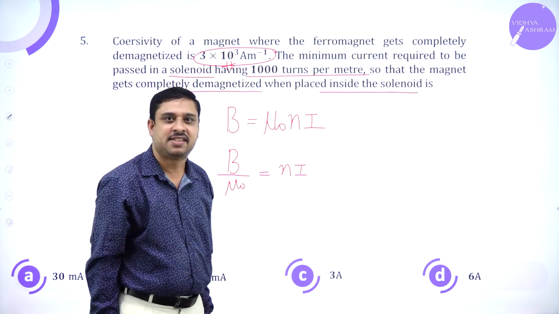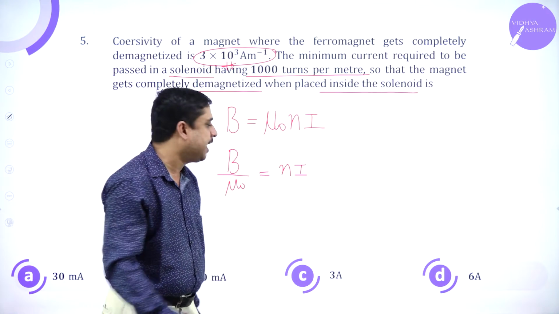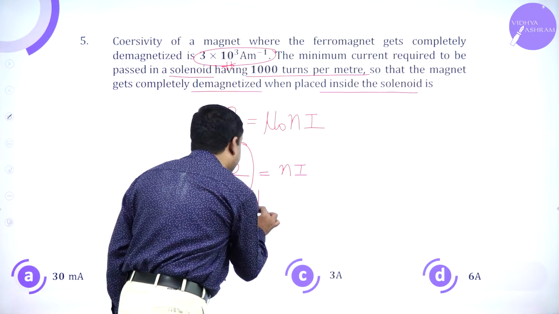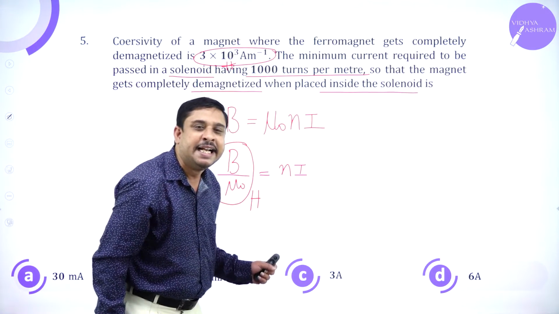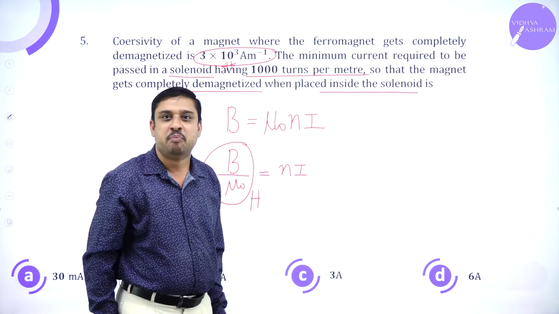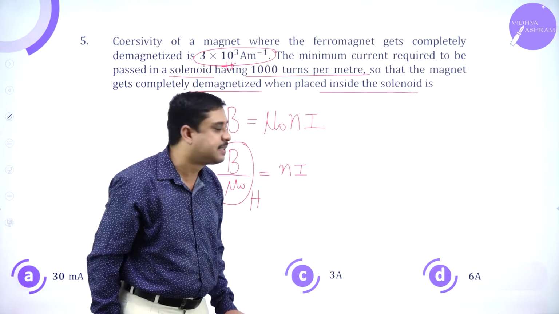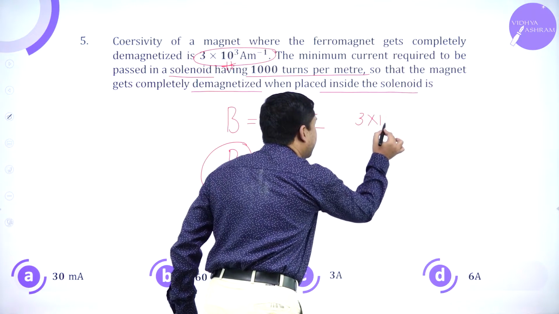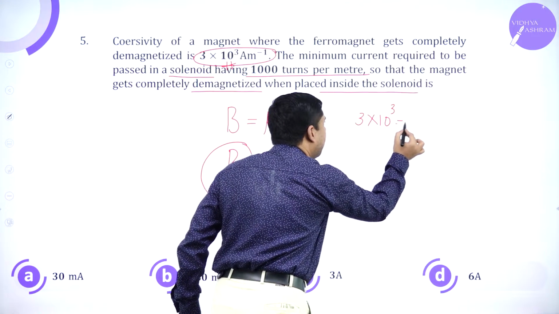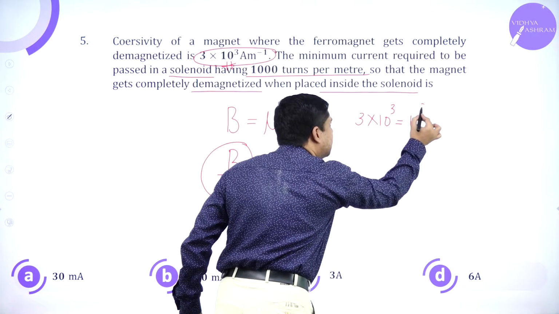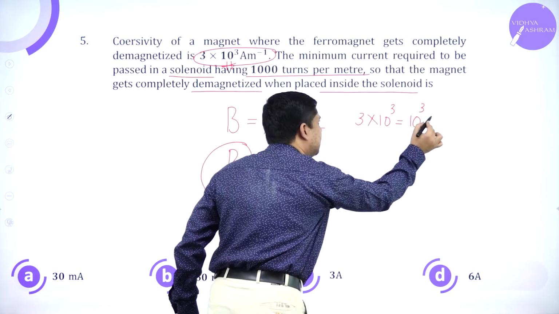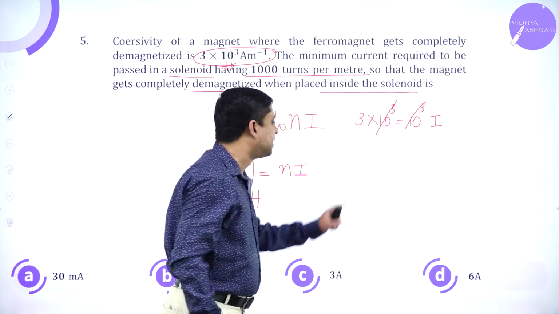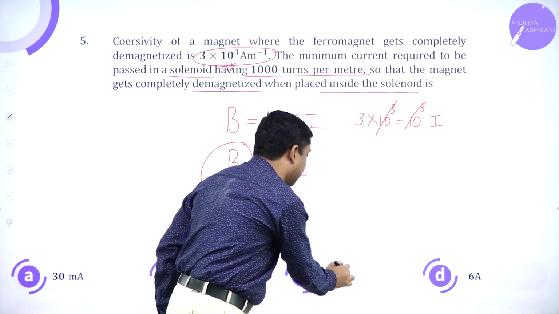And my dear friends, if you know the theory again, this ratio B by mu naught itself is H, magnetizing intensity. So 3 into 10 power 3, number of turns is 1000, which is 10 power 3, into i, or i is 3 ampere.